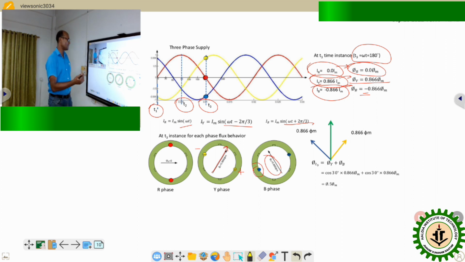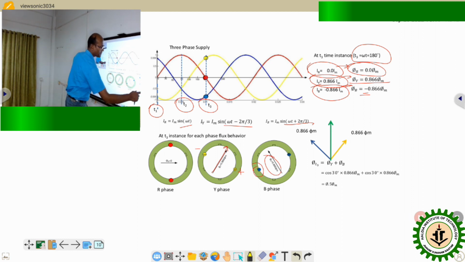If we sum up the three fluxes, where the R phase value is 0, we add the Y phase flux and the B phase flux.